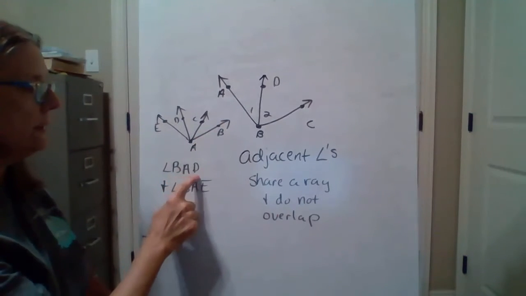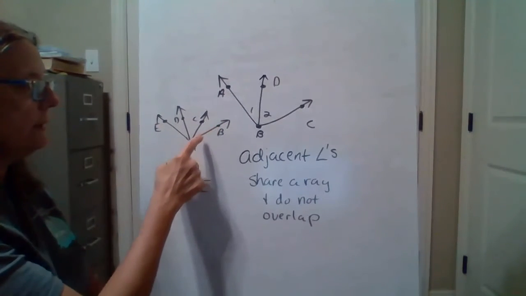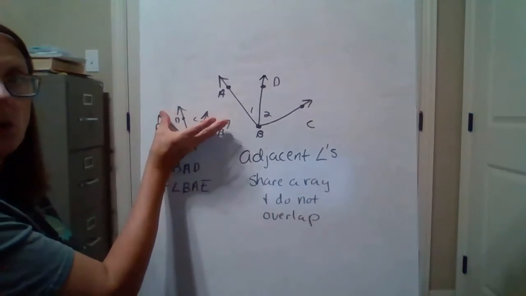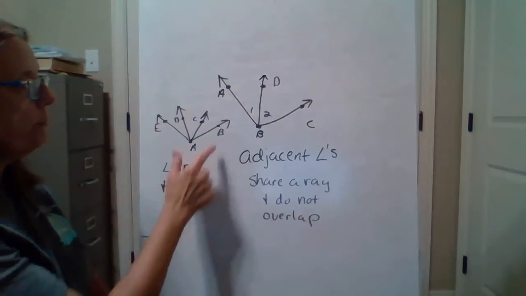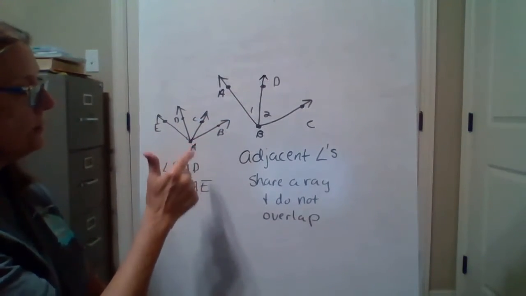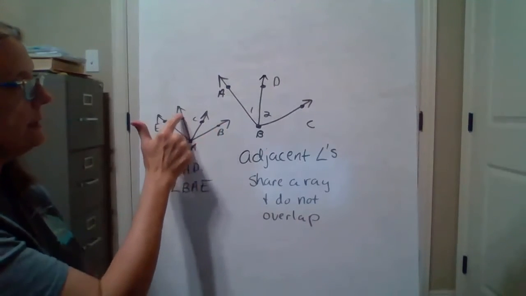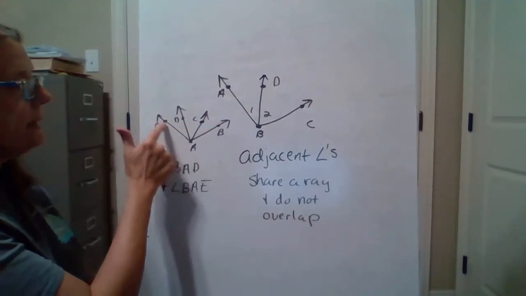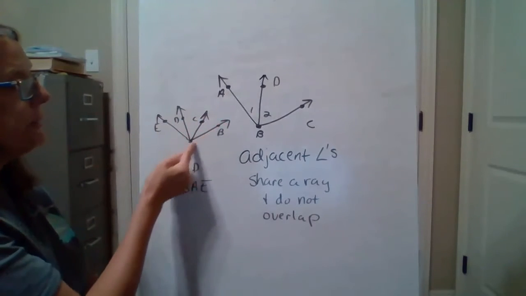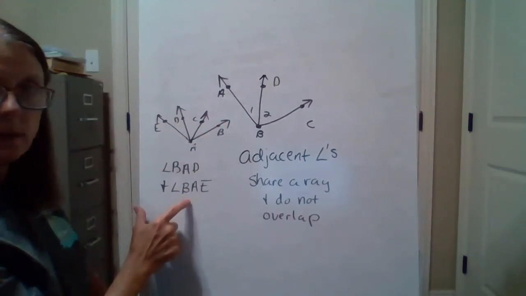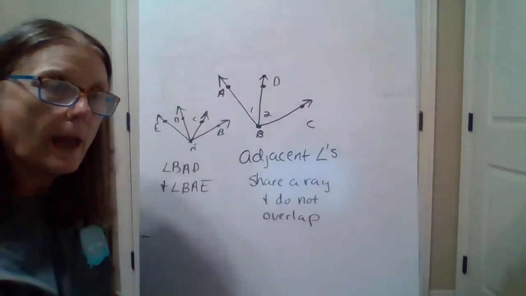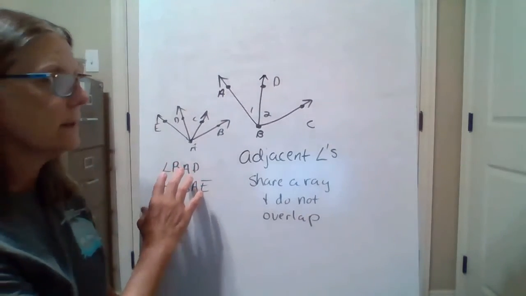So when you see an angle named, follow it. BAD, so we're talking about this angle. BAD was here, and then BAE was the whole angle. But BAD is inside of BAE, which means they overlap. These would not be adjacent.